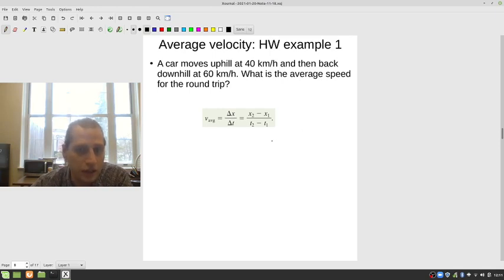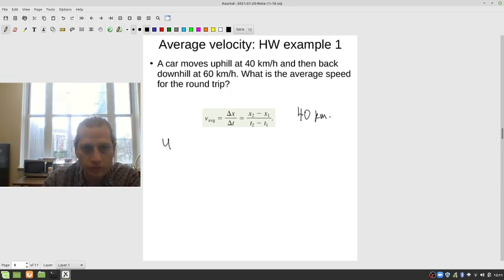You can choose any length you want. So when I do the problem, I would choose a length of delta x. Maybe it'll be easier, though, to see how this works if I use 40 kilometers. All right, so you're going 40 kilometers up the hill and 40 kilometers back down.